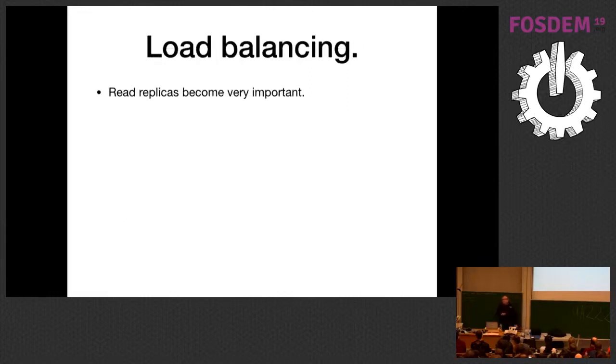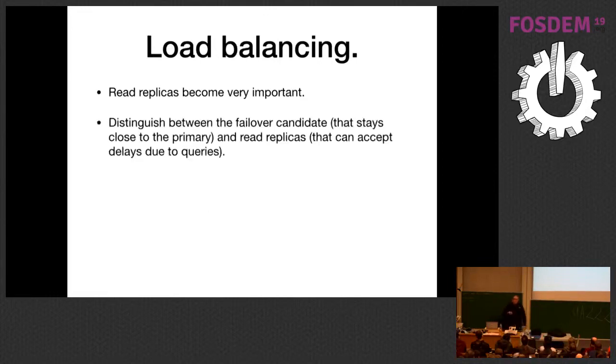So read replicas at this size become very, very important. And at this point, operationally, it's very helpful to distinguish between the failover candidate, which is a designated instance that stays very close to the primary, doesn't take queries, and whose only job is to take over from the primary, and read replicas.